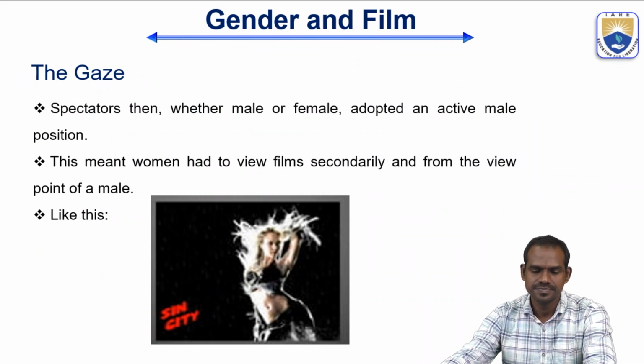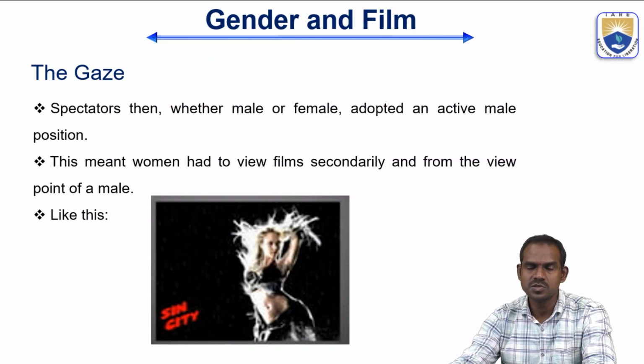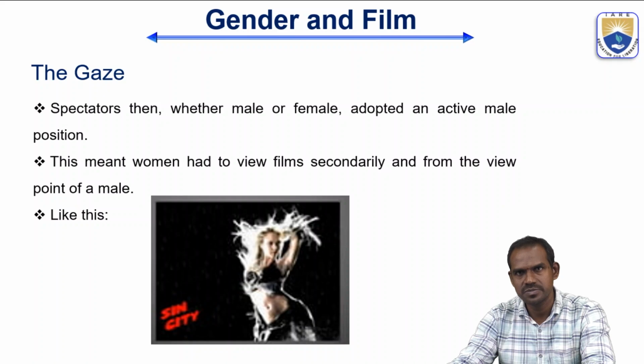The gaze. Spectators then, whether male or female, adopted an active male position. Spectators means those who are watching the film, the audience. Whether they are male or female, they adopted an active male position, because it is the active role, right?